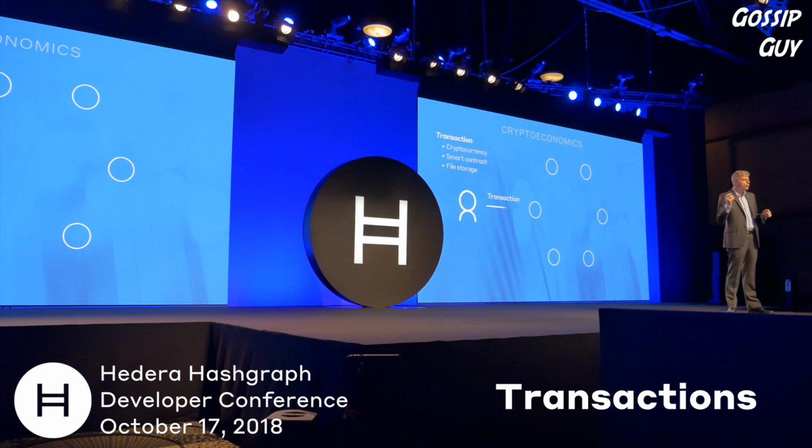Now, when you want to do a transaction, you want to move some HBARs from one account to another, pay someone, or you want to run a smart contract or store a file, one of our 3 services, or one of the services in the future. If you want to do a transaction, you make your transaction, you digitally sign it, so no one can do this in your name, and you send it to one of the nodes, any of the nodes. Just pick a node on the network, you send it to that one node.